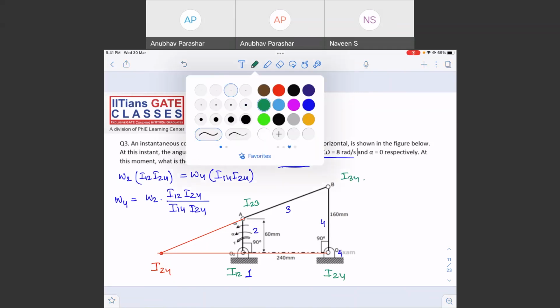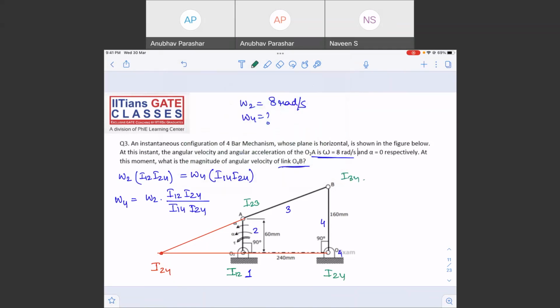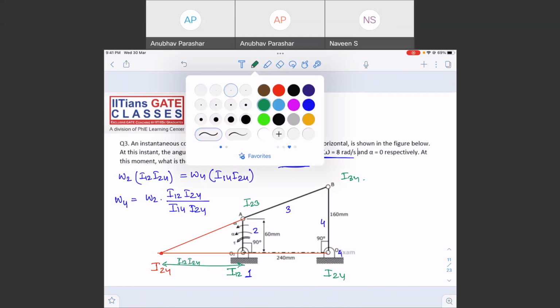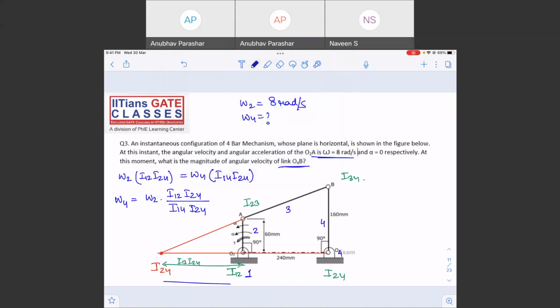So what is I12 I24? This distance is I12 I24. And which distance is I14 I24? This distance is I14 I24. Can we find out the ratio?